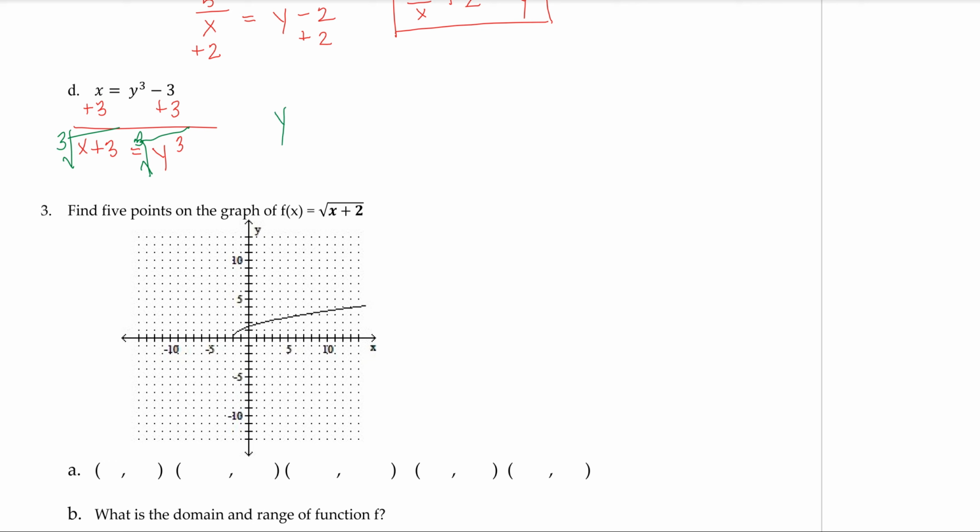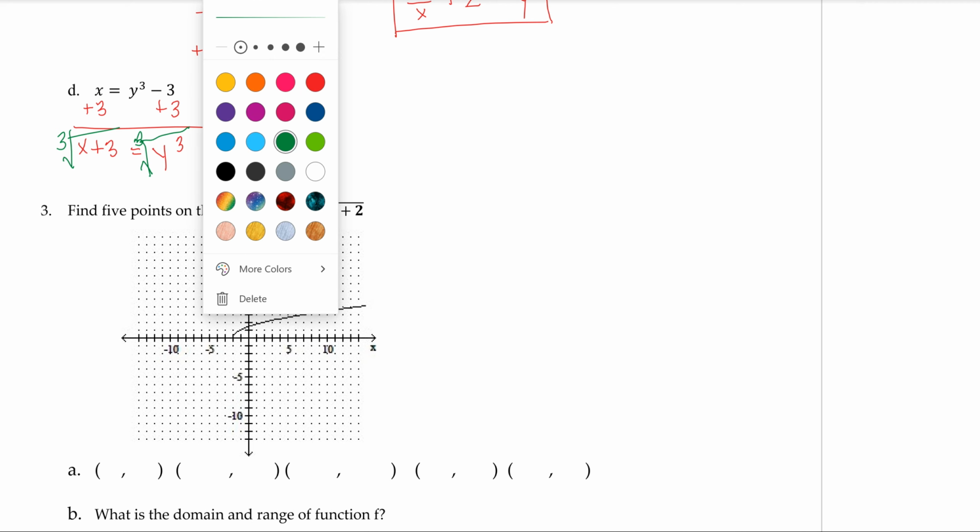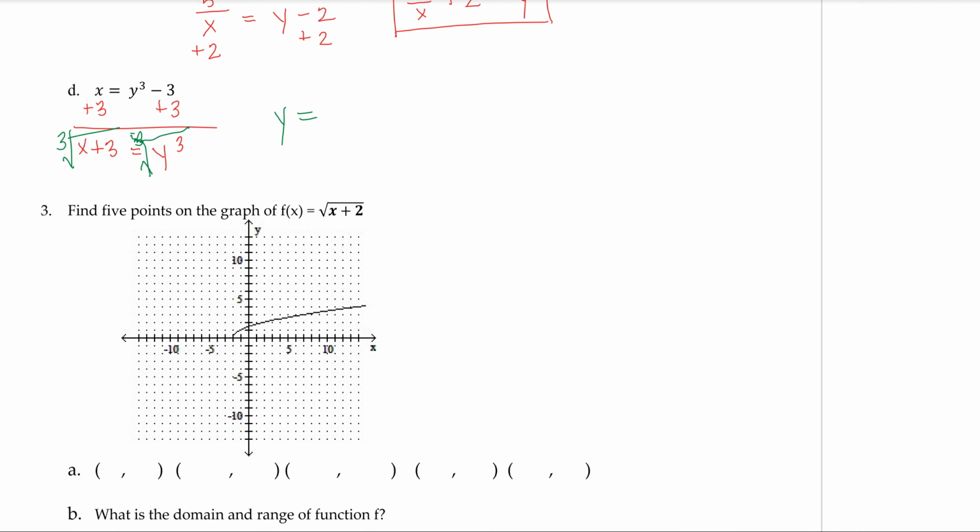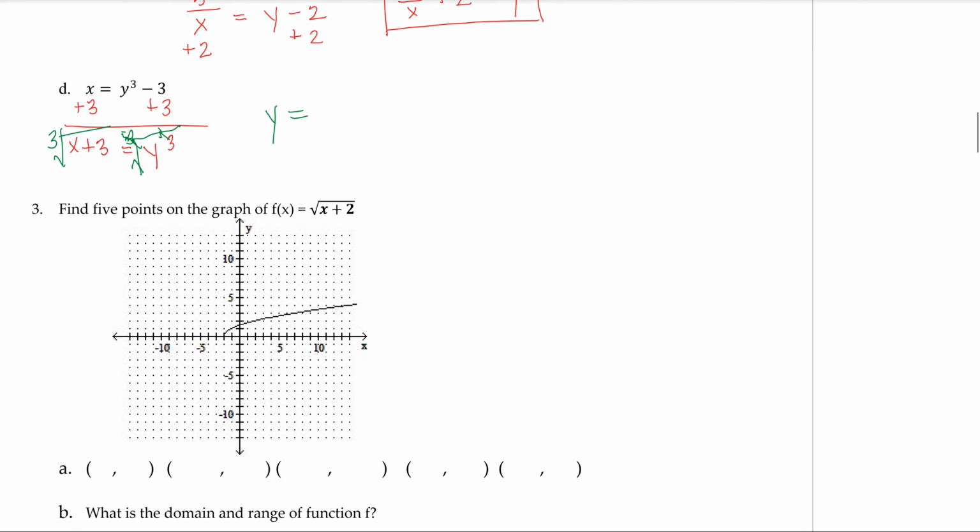So my answer becomes y equals the cube root of x plus 3. It is reduced, it is simplified, I keep it the way it is.